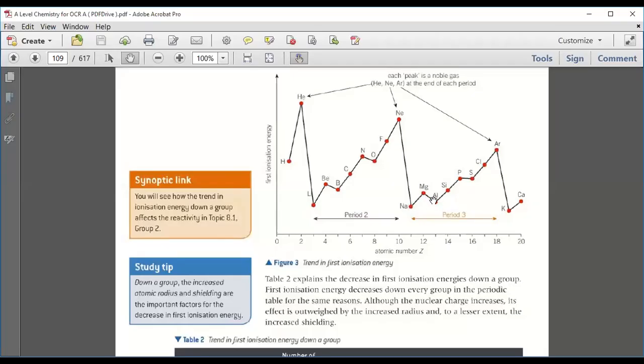Sodium, magnesium, then aluminium, then increase. Phosphorus and sulfur are almost the same. And then again increment up to argon, because they are noble gases, they are not going to lose electrons. And then suddenly the fourth shell. In case of potassium, we move to the fourth shell.